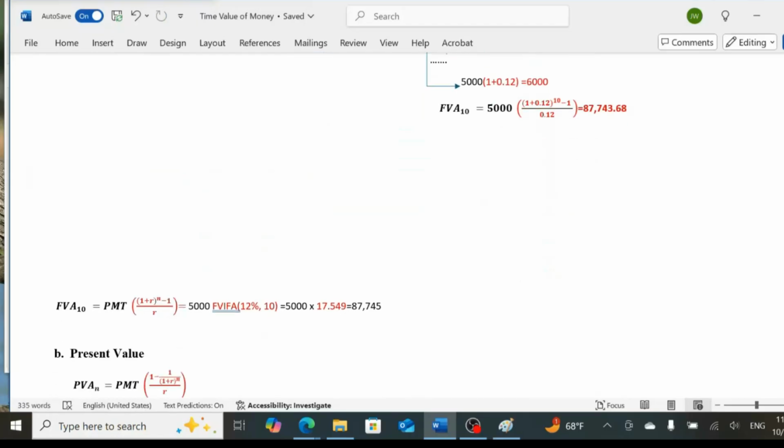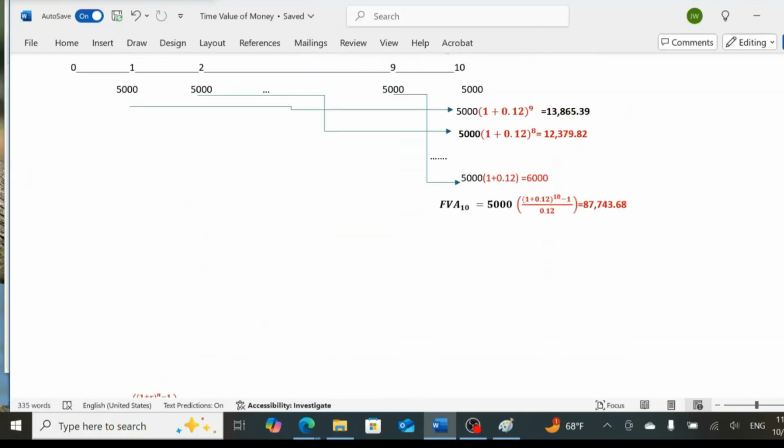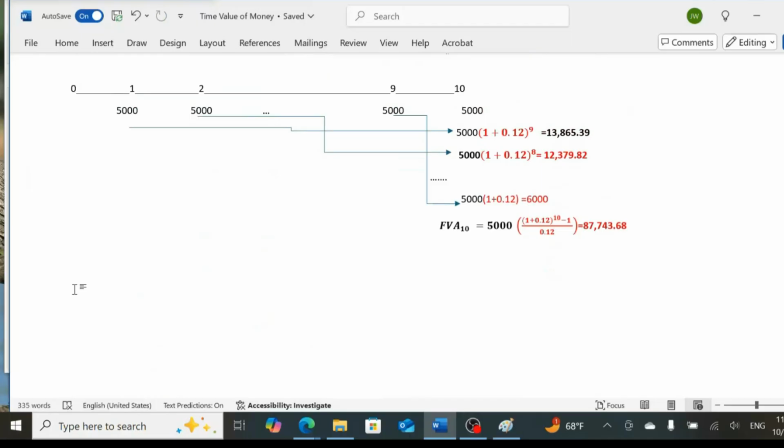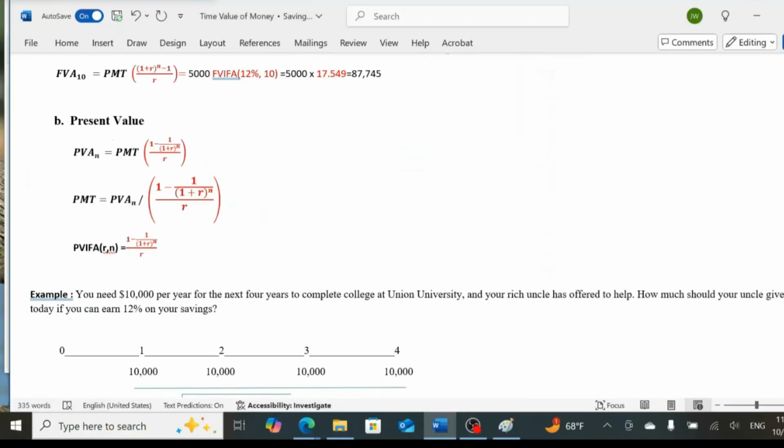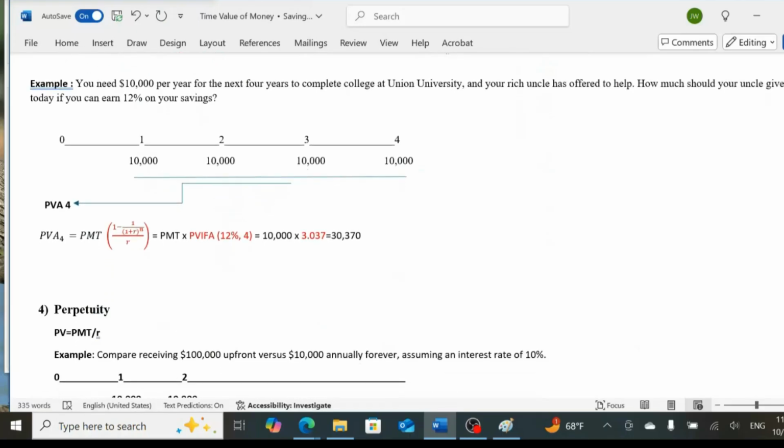Okay, the last one we'll talk about is present value annuity. I want to start with this example. For example, a freshman student attends a university and anticipates he's going to need $10,000 every year for the next 4 years to complete his college education.